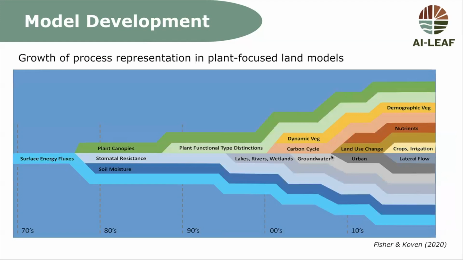Next, we can see those different modules of the process. It's hard to build them together all at one time. It took a long history for scientists to develop the whole system. Here is also an example for the Community Land Model from the 1970s.